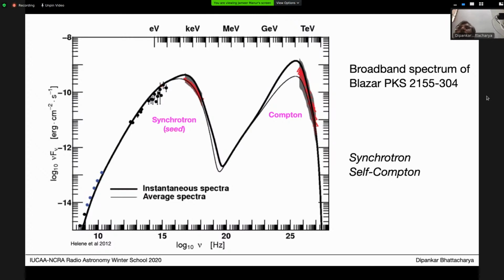And if you do find sources where the spectra does exhibit this kind of distribution, then this gives you an interesting way to determine the typical Lorentz factor of the material over there, because the Compton peak will be at Lorentz factor squared times the synchrotron peak. And this is actually an observed spectrum of one of the blazar sources, which is also a very strong radio emitter. Next slide, please.